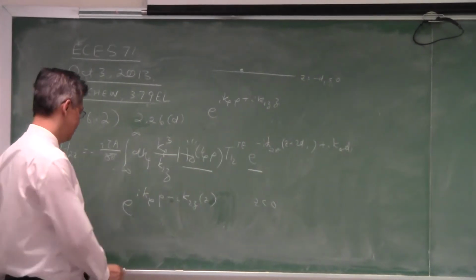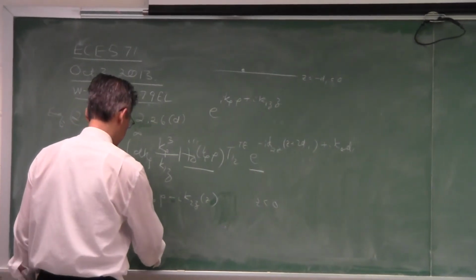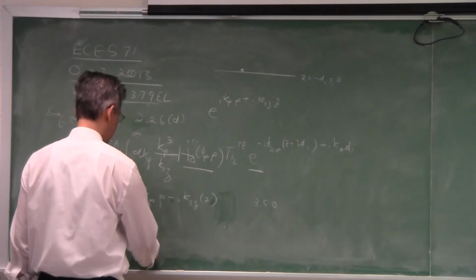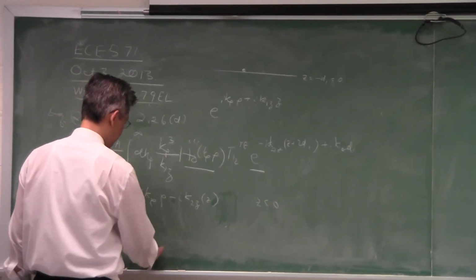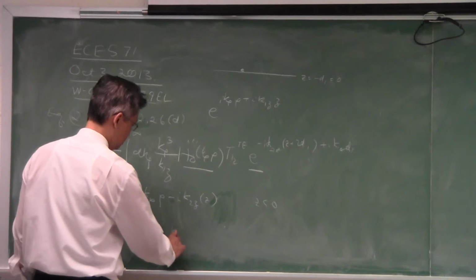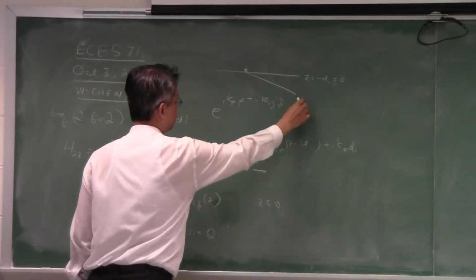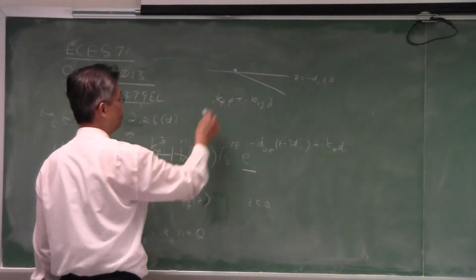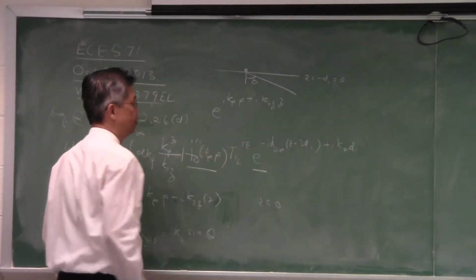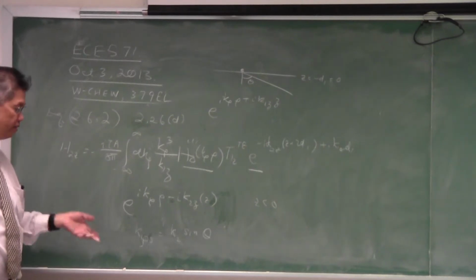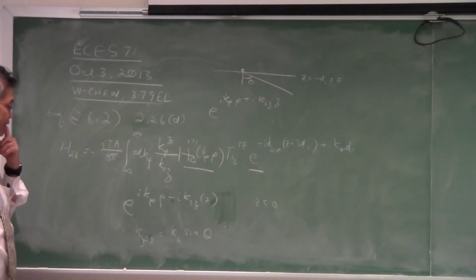So by inspection, you can say that the saddle point, the stationary phase point, is given by k_2 sine theta. Theta will be given by z and rho. This will be your theta. So that is the place of the saddle point.